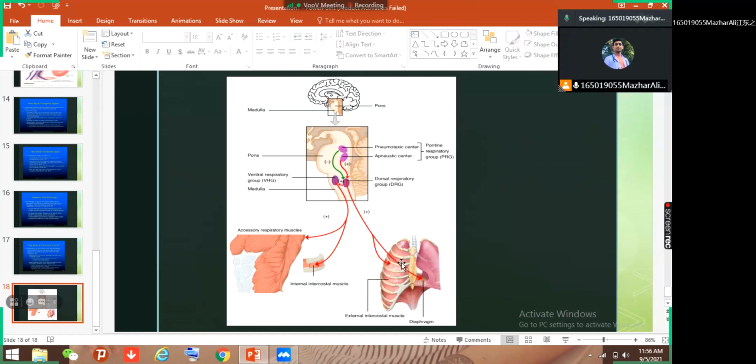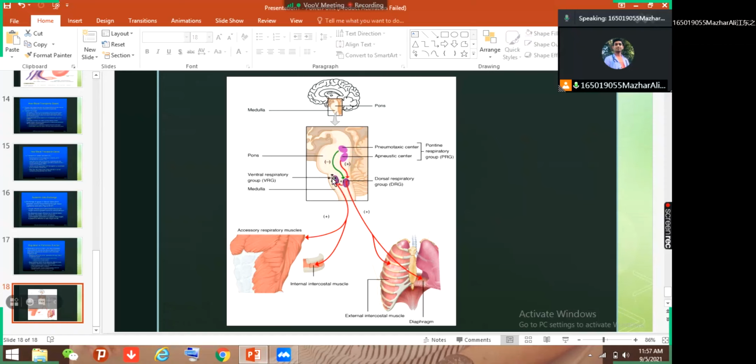This is inspiration. Now I will talk about expiration. The pneumotaxic center inhibits the apneustic center as well as the dorsal respiratory group, but it stimulates the ventral respiratory group.